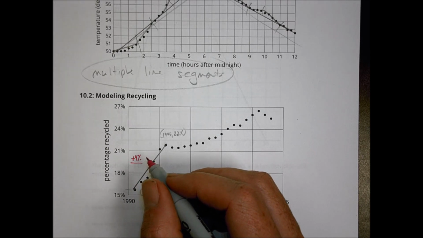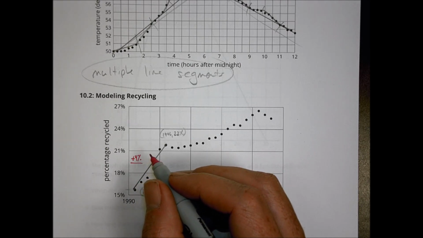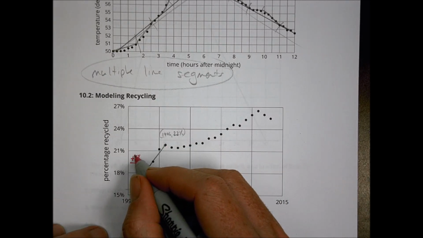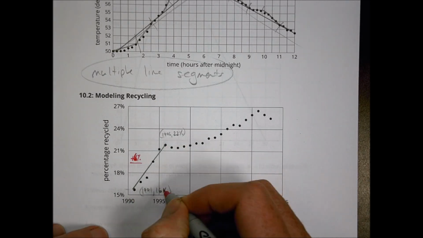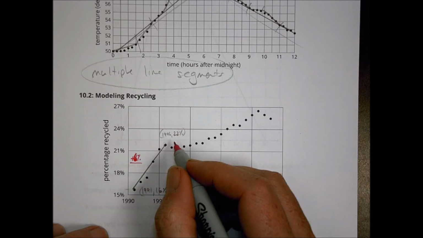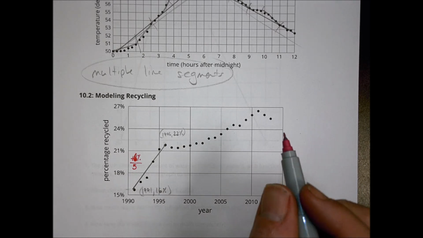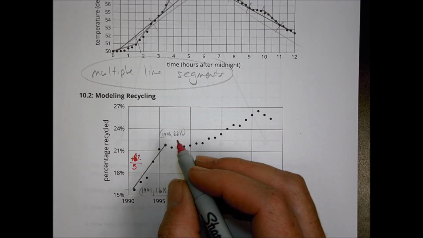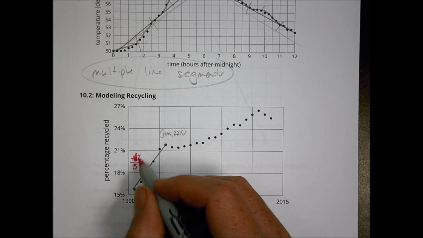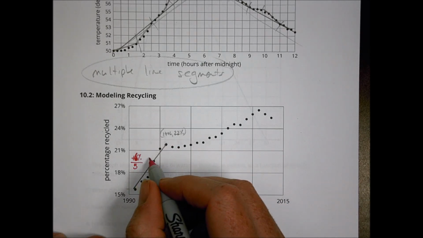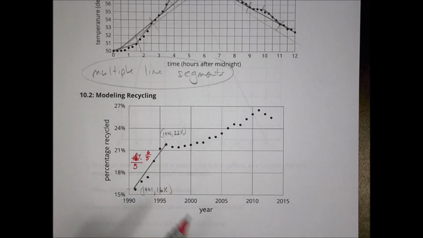So 16 to 22 is 6% in the course of about 5 years. As a slope, we would say that it's our y over our x. We're going 6/5 as a slope there. So our slope would be 6/5 in that section right there. Does that make sense so far?